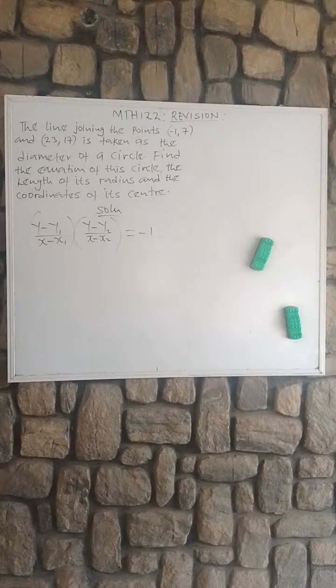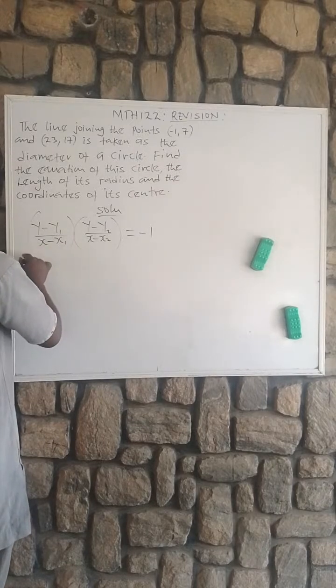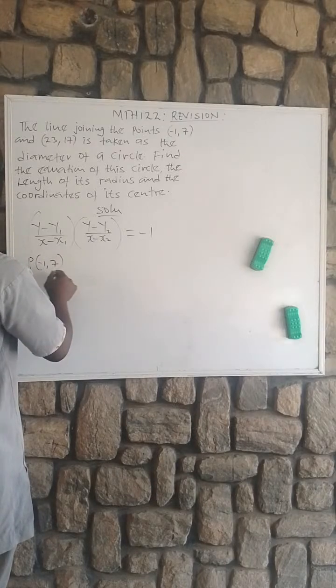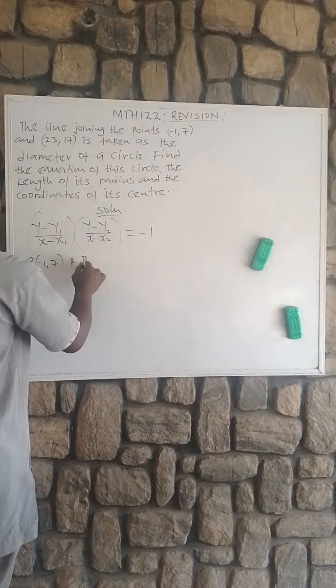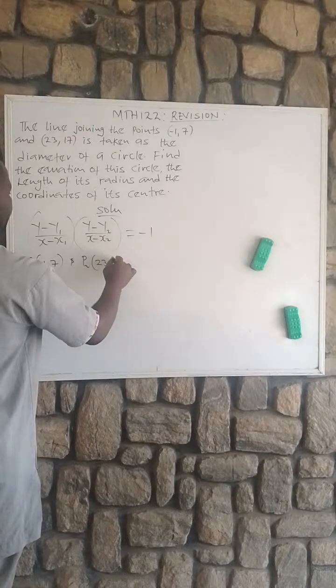So let us consider the points given: point 1 is minus 1 comma 7 and point 2 is 23 comma 17, right?